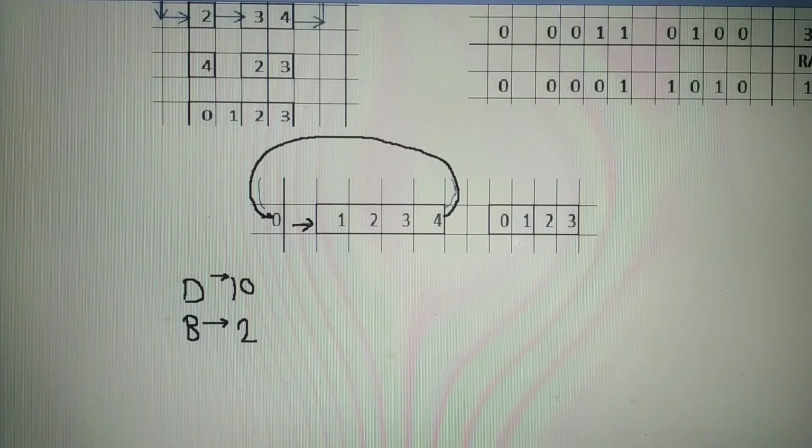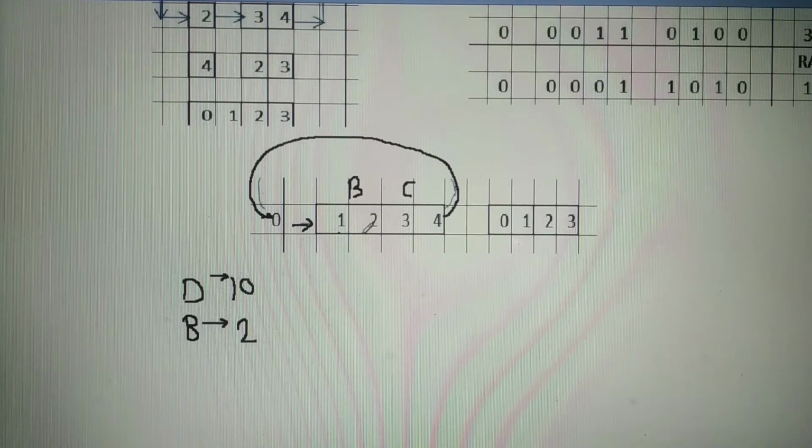Suppose in register pair BC, the number is 1, 2, 3, 4. That means the high order register is B. The two digits in register B are 1 and 2, and in register C 3 and 4.